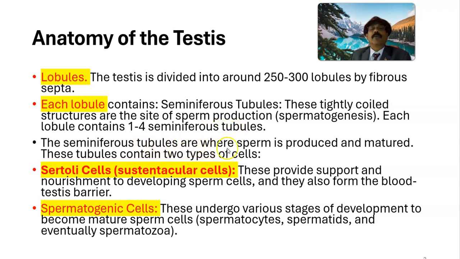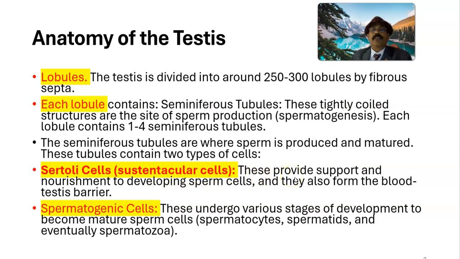Seminiferous tubules are where sperm is produced and matured mostly in the epididymis. There is a beginning of maturation, but maturation is completed in the epididymis. The seminiferous tubule contains two types of cell. One is the Sertoli cell or sustentacular cell.